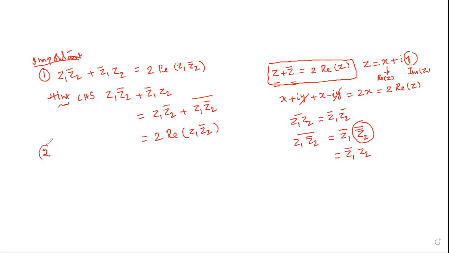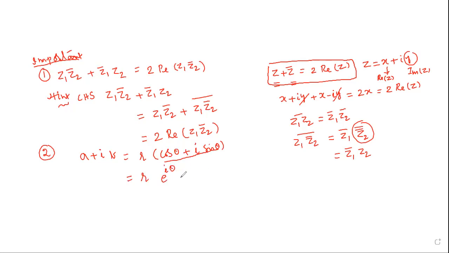The second important one: a Z equal to a plus ib has polar form R into cos theta plus i sin theta. This can be written as R into e power of i theta.